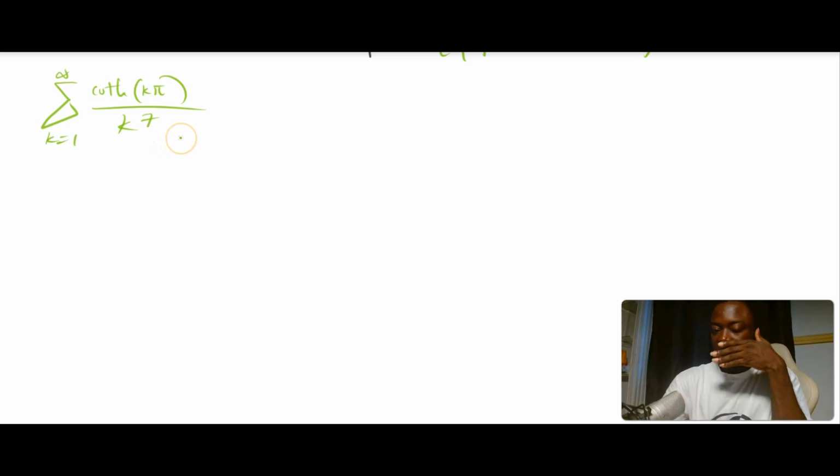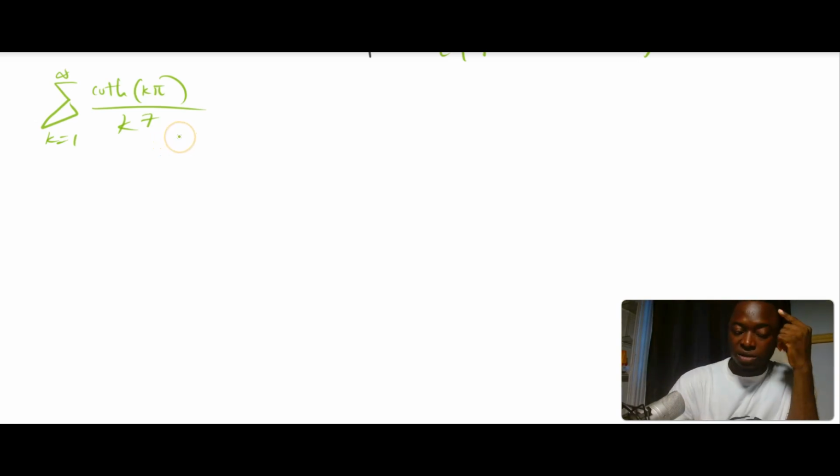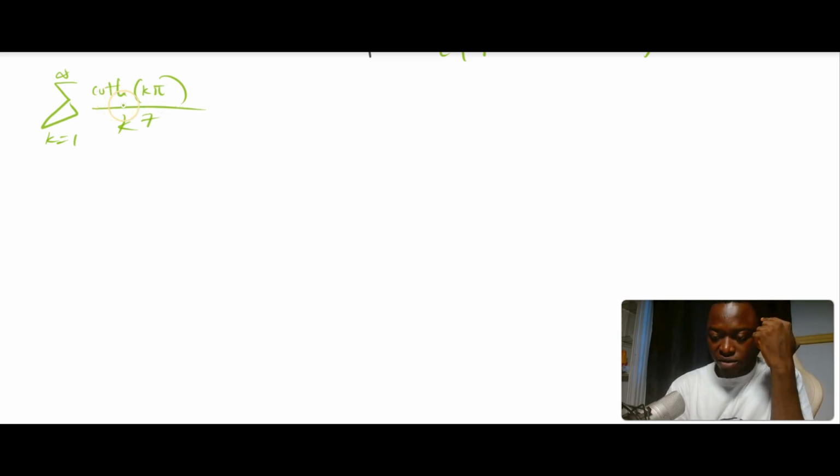And to do that, we are going to recall the Mittag-Leffler expansion of hyperbolic cotangent of k pi. Before I made this video, I was solving this problem. I have not really made a video on these expansions, but I'm going to quote the results here. In the next few hours or so, I'm going to record a video featuring all this.